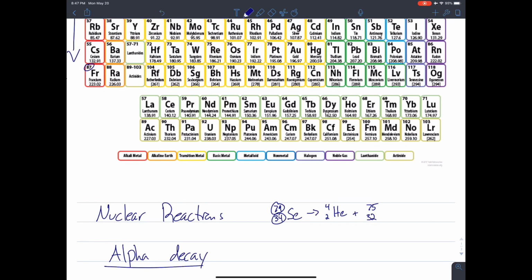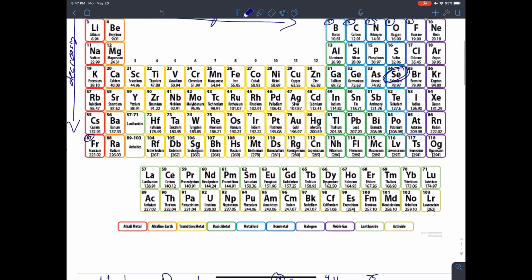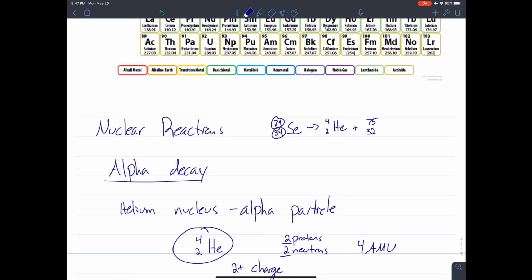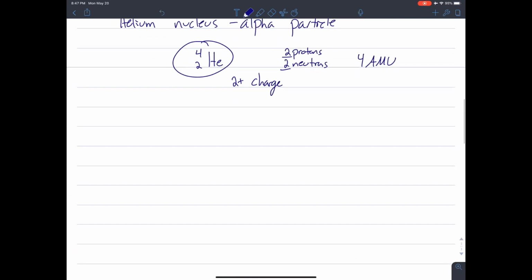If my number of protons changes, is it still selenium? No. Okay, so now I have to look at what has an atomic number of 32: germanium. So now this is germanium. If the number of protons changes, then the atom itself changes. So that's alpha decay.